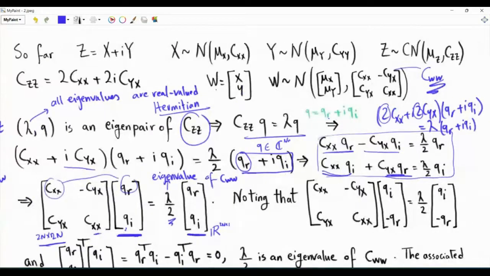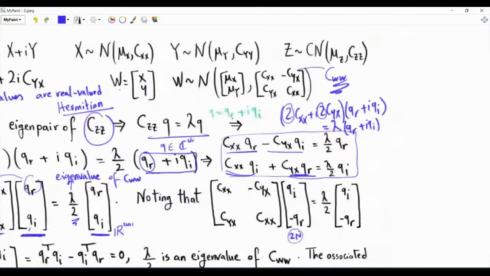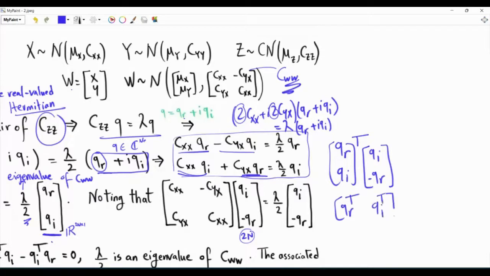Take the matrix CWW and multiply it by the column vector in 2n dimensions, QI and minus QR. Note the following. So we have the vector QR, QI. This is what we have here. Note that if we do the inner product between this vector and this proposed vector, what do we get? This is QR transpose, QI transpose times QI, minus QR.